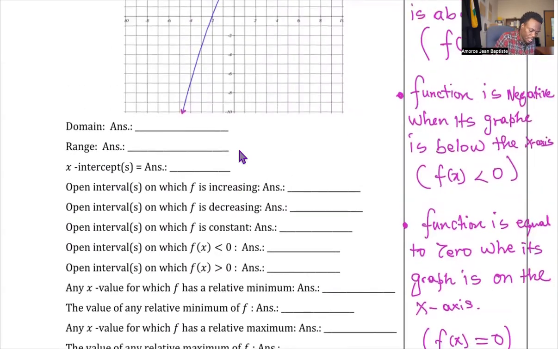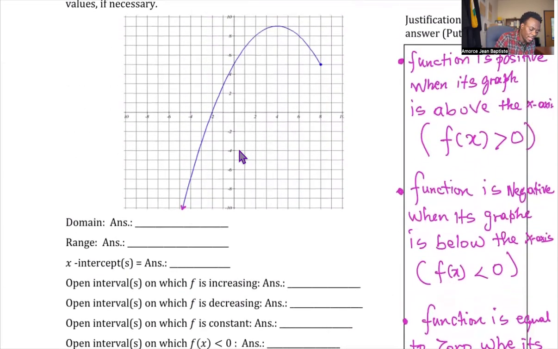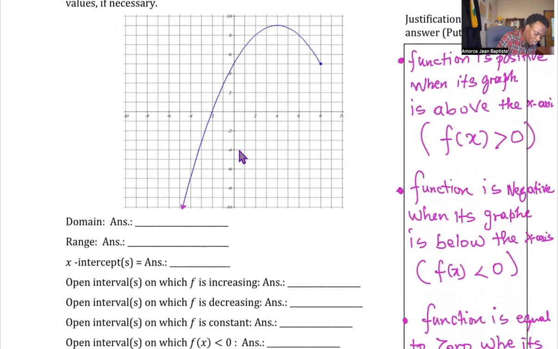So let's start with the domain here. From left to right, I can tell that the domain is from negative infinity to 8. I just read it from left to right, and this is closed, so I put a bracket on 8. The range from the bottom, negative infinity, and then up.